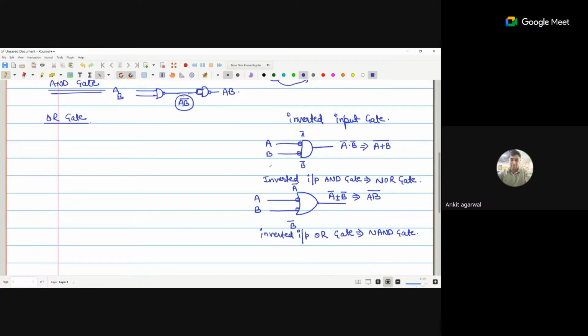Now we have to implement the OR gate using NAND gates. I draw the same diagram.